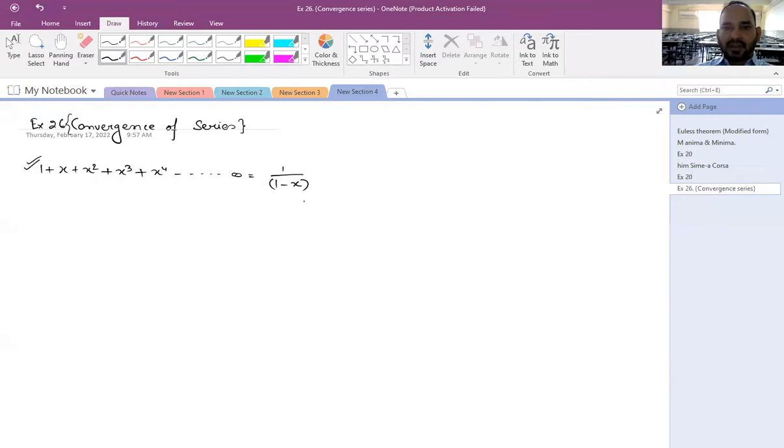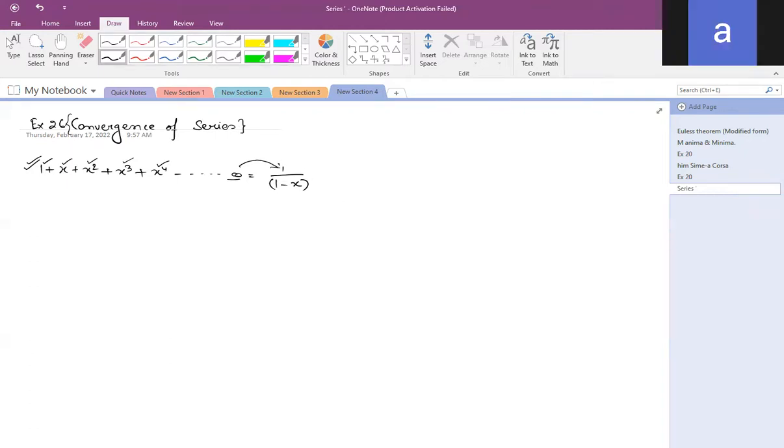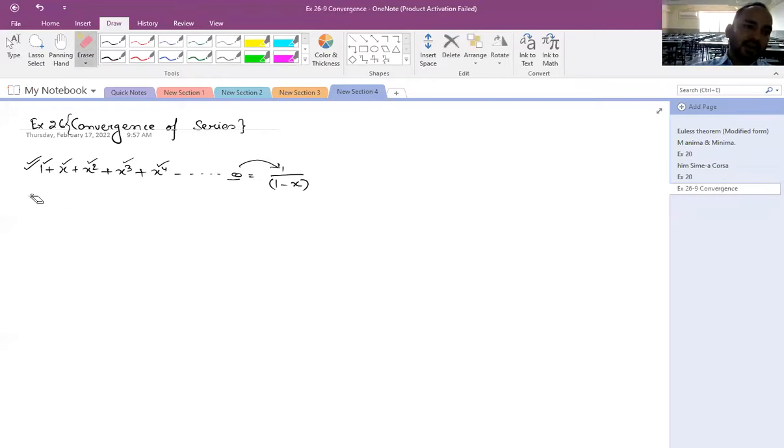But doesn't it look amazing that I'm adding infinite terms, and the entire sum is going towards this finite value? This should be given a thought. It doesn't happen always. Under certain conditions, this happens.